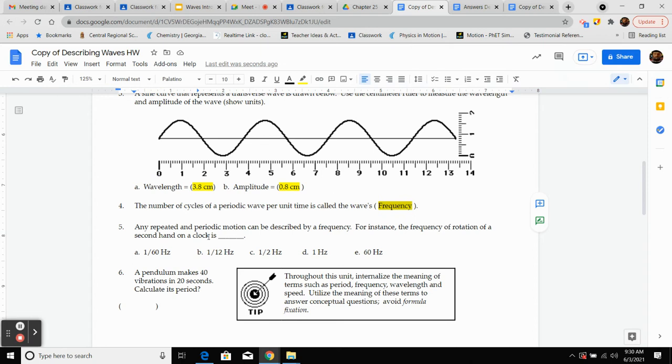Any repeated motion can be described by frequency. So for instance, the frequency of rotation of a second hand on a clock. If a clock starts at 12 and goes all the way around, that's one complete rotation. That's one cycle. How long did it take? So you would do what divided by what? 1 divided by 60. So that would be your frequency. So it would be this guy here, A.